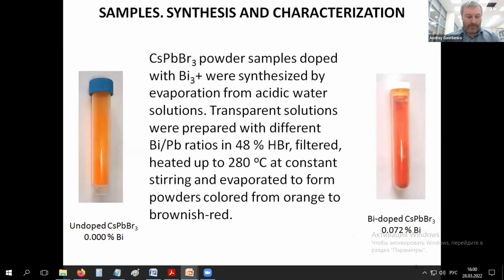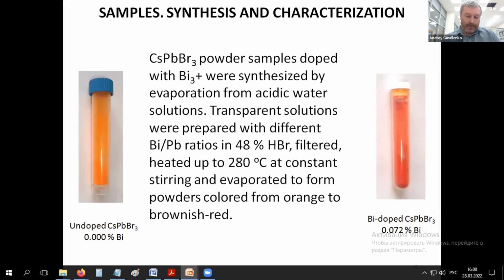Cesium bromide, lead bromide and HBr were used as received without further purification. Bismuth bromide was obtained and purified in the laboratory from the corresponding metal nitrates with HBr.